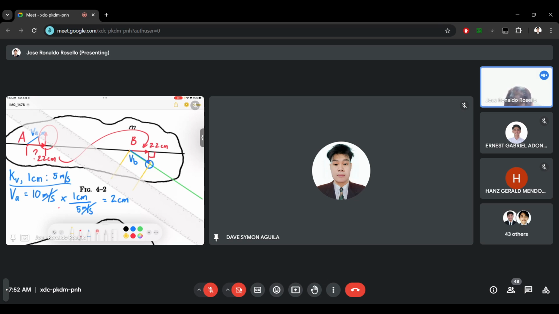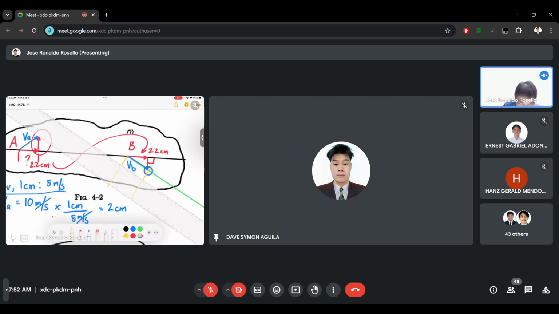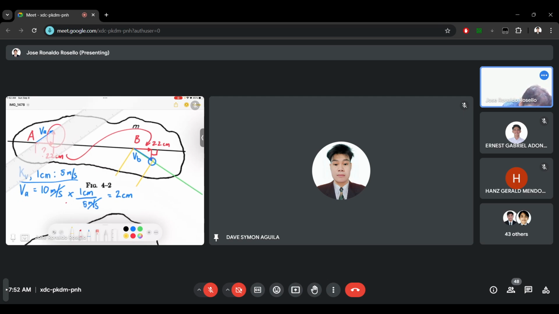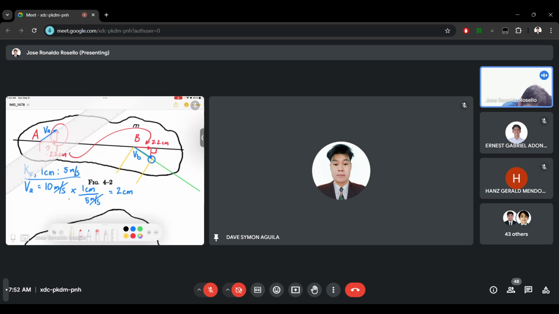So this is around... Okay. Wait. So if velocity A is given at 2 centimeters, we will have to measure velocity B, which is given at 2.3, I think.